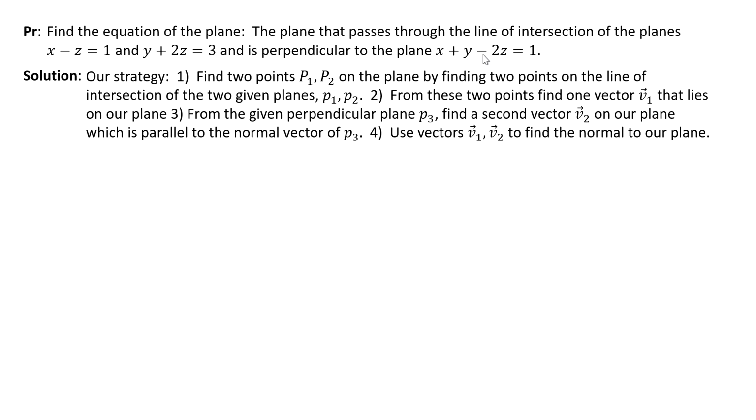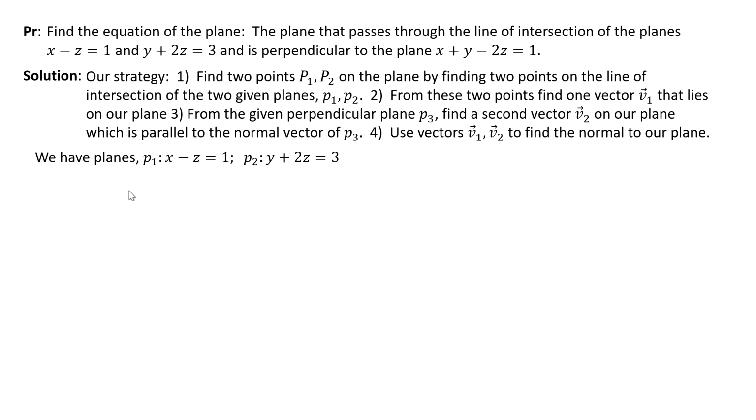The moment the normal vector is parallel to our plane, then that vector is actually the second vector on our plane. And use vectors v1 and v2 to find the normal to our plane. Once we know two vectors on our plane, we take the cross product of them to find the normal to our plane. So let me show you.